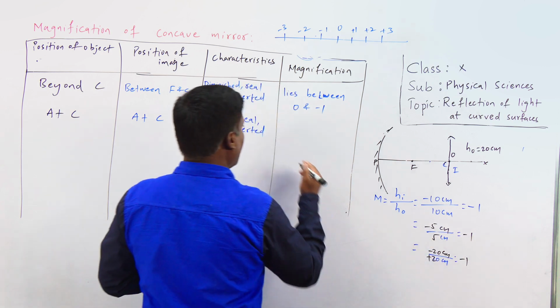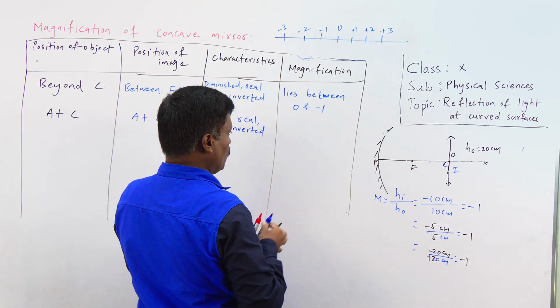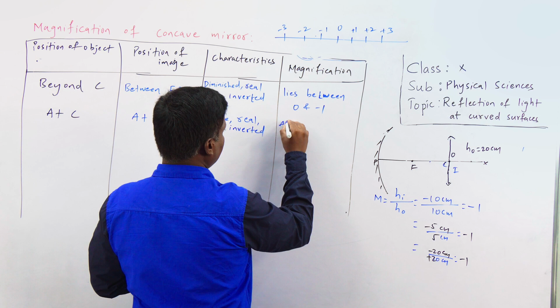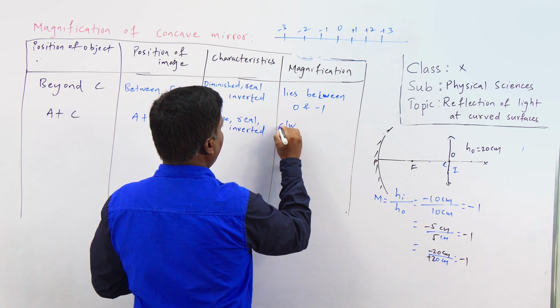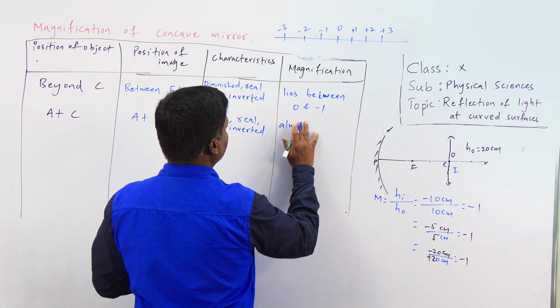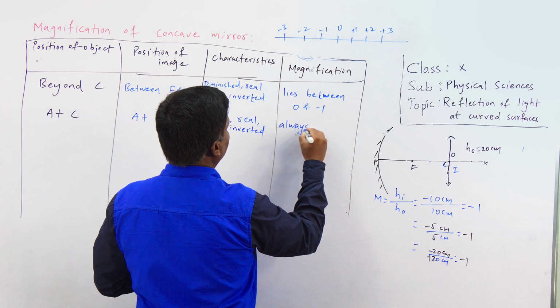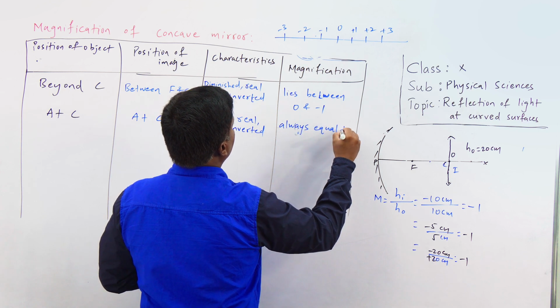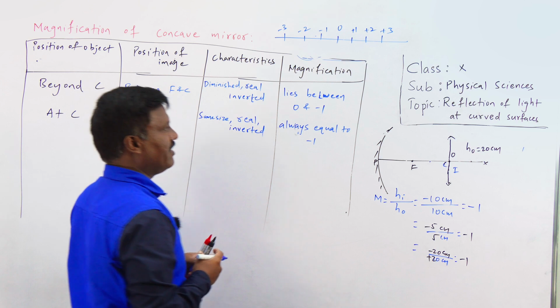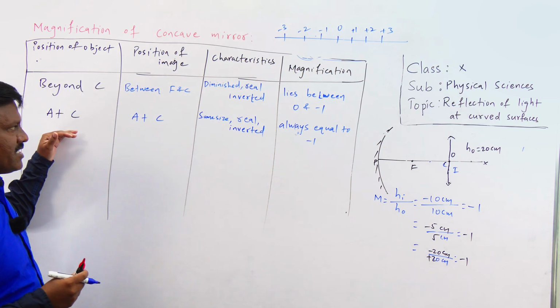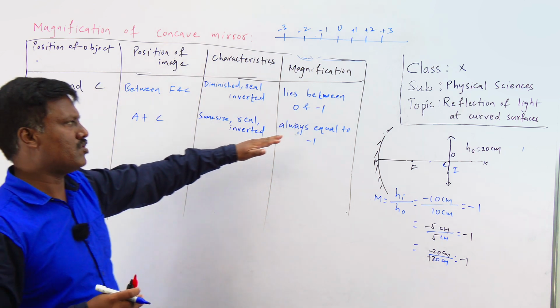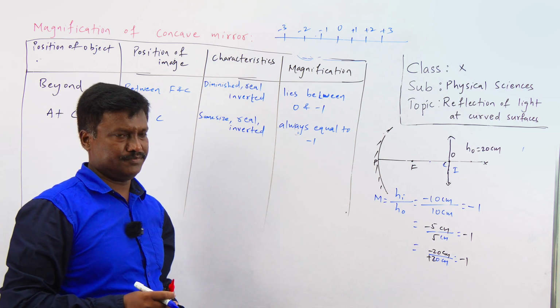The magnification value is always equal to minus 1. When the object is placed at C, the magnification value is always minus 1.